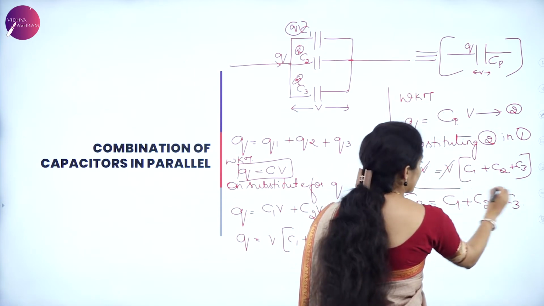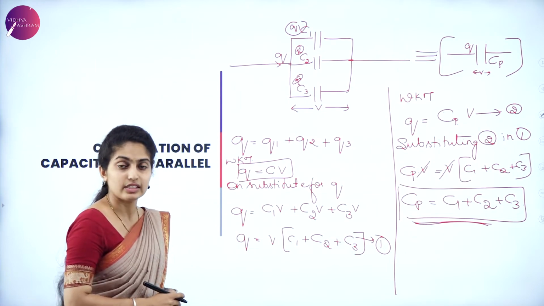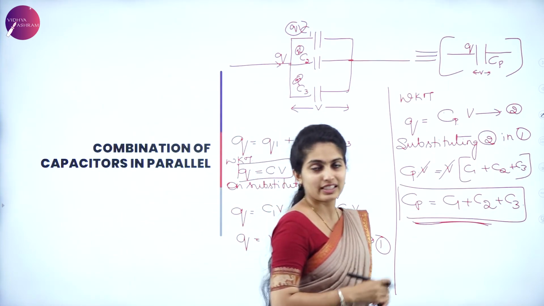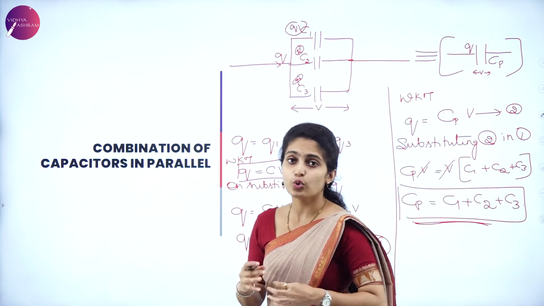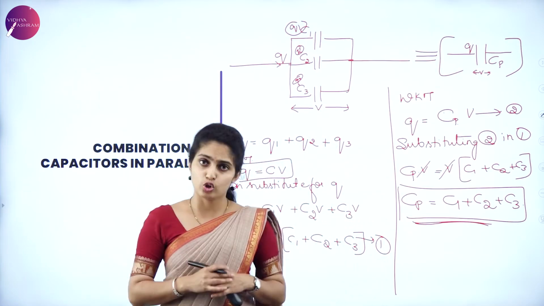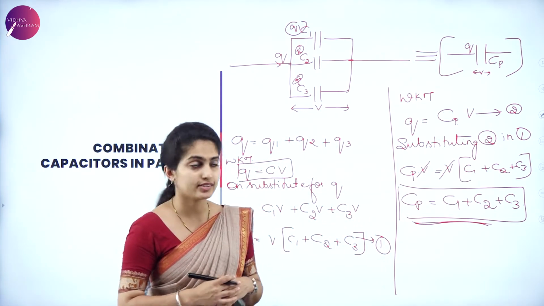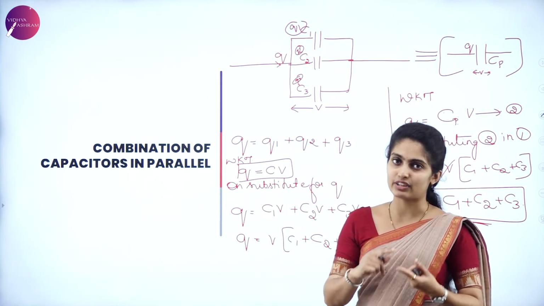So this is the equation for combination of capacitors in parallel. And what is the application of this? It is the vice versa of the previous one. You obtain a higher level of capacitance by using lower values of capacitance. So that is all about the combination of capacitors, one in series and one in parallel.